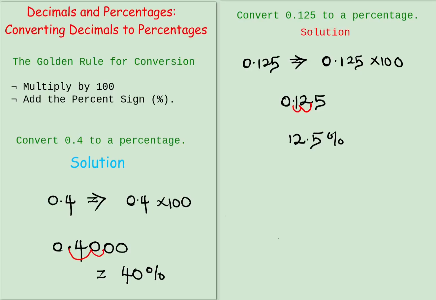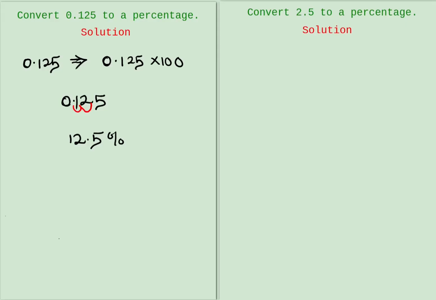Now, for all we've done so far, the whole number side of the decimal is 0. So what if you have decimals with whole numbers? How do we convert them into percentage? Taking an example: convert 2.5 to percentage. The fact that it has a whole number doesn't change anything. We still apply the same rule and multiply by 100.